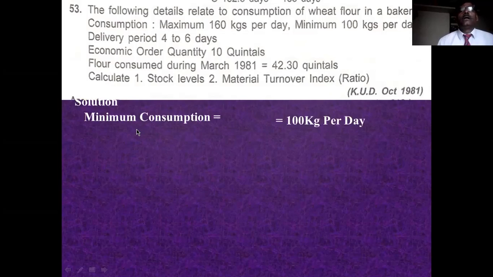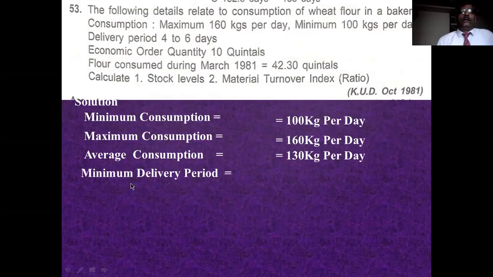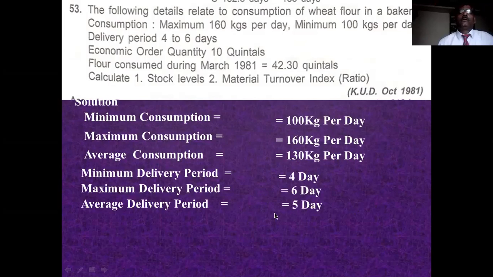Minimum consumption 100 kg, maximum consumption 160 kg, average consumption 130. How is it 130? 100 plus 160 divided by 2. Delivery period minimum 4 days, maximum 6 days, average 5 days. Then economic order quantity, which I modified here.